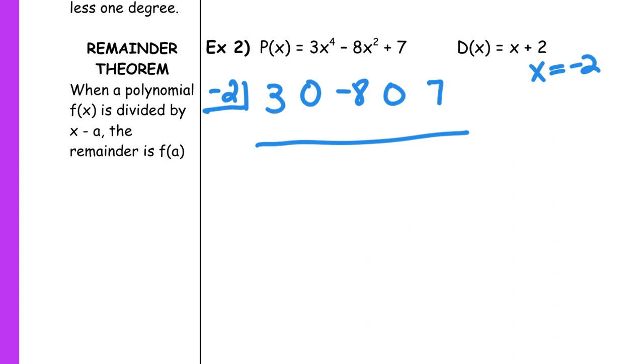Start the same way. We're going to take the 3 down. We're going to multiply and combine. Multiply and combine. Multiply and combine.